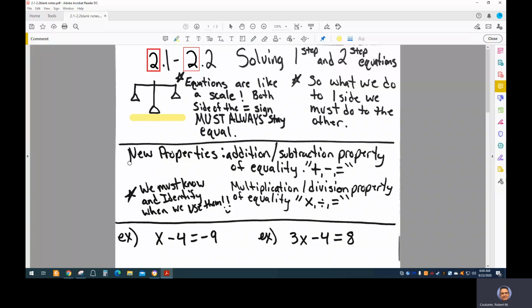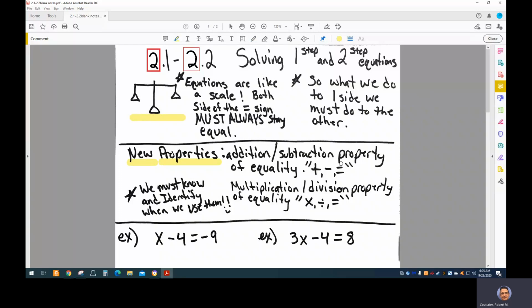This algebraic manipulation isn't like we're pulling it out of the sky. It is an actual property, and it has a process to it. What can we do to equations? Well, we can add or subtract things from both sides. We can multiply or divide things from both sides, and we have properties that allow us to do that.